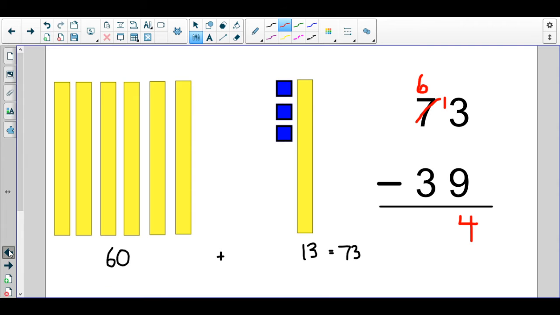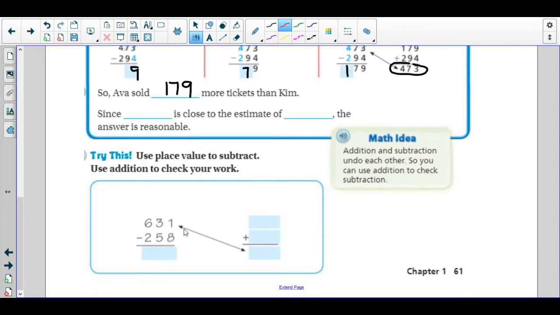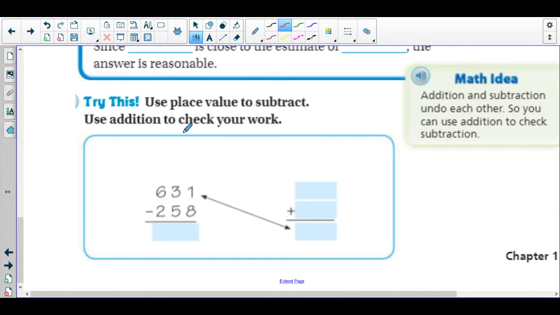So let's head back to the assignment here and see what else we have. Use place value to subtract. Use addition to check your work. So let me zoom in on this a little bit more. Let's get to work on this one. So I need to take 1 minus 8. Can I do that?